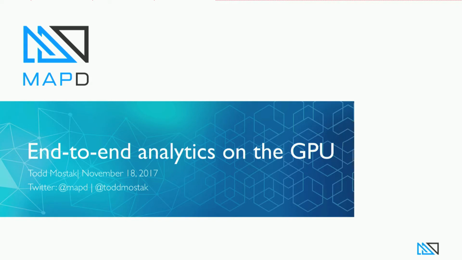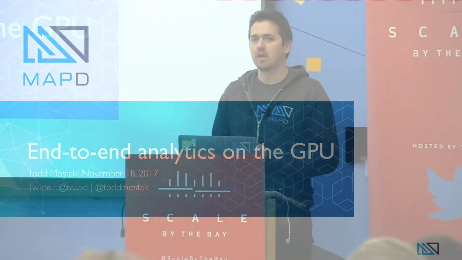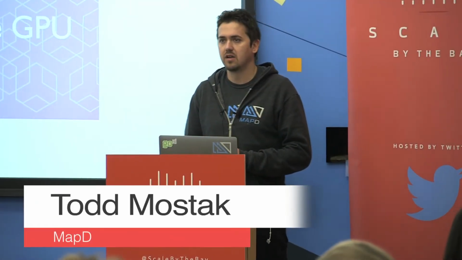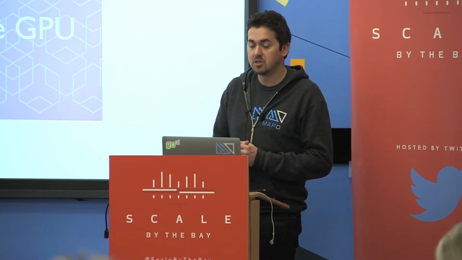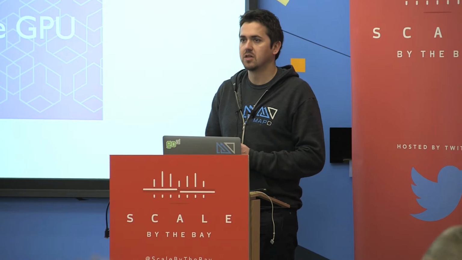Yeah, so today I'm gonna tell you a little bit about doing end-to-end analytics on a GPU or a set of GPUs. I don't know how much of you know about MapD, but MapD originally stood for Massively Parallel Database, coming out of my research at MIT.